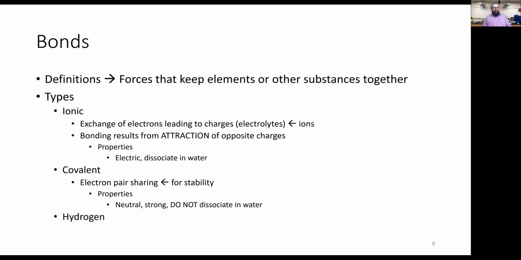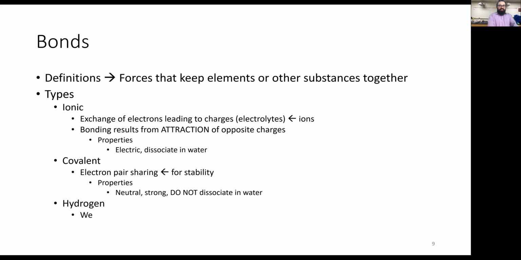And then our last one is probably the most difficult to explain, simply because it's not as easy as just saying, oh, it's electrons. This one is a very weak force as a result of partial charges. For those of you who remember your good old G-Chem, that was called a dipole moment. Not that we need to know that. That's not our stuff, right?